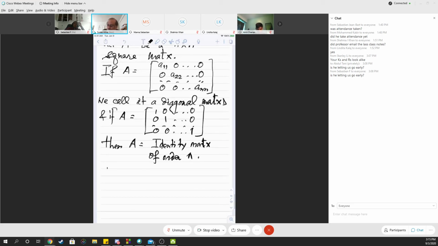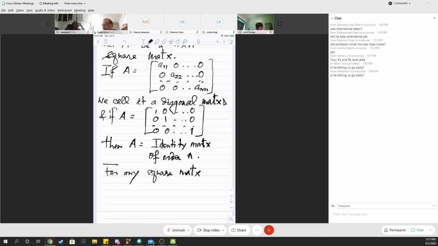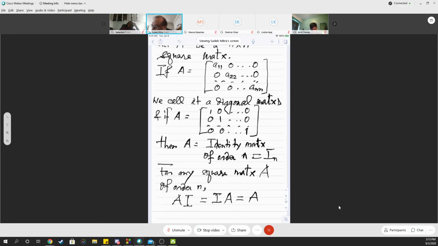And for any square matrix A of order n, we have this property: A times I is equal to I times A is equal to A. I you can write as n by n.